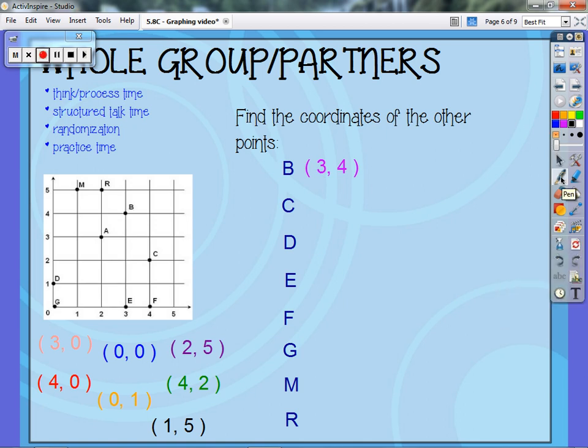All right. Next one we have is C. Okay, so we found C. We're going to put an X there because that's where we want to go. Again, what are we going to do? We are walking down the x-axis.